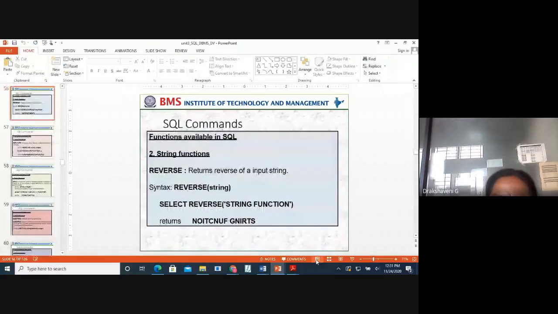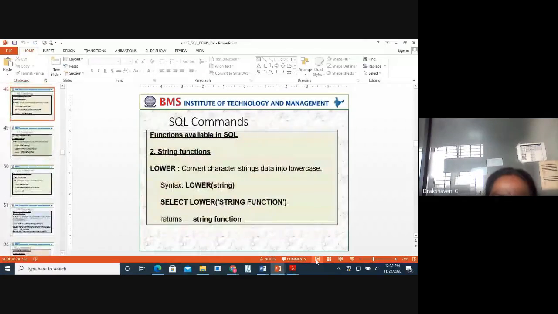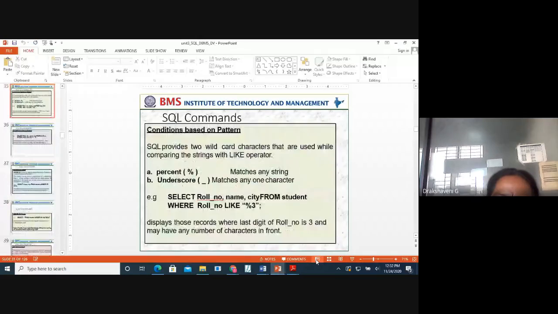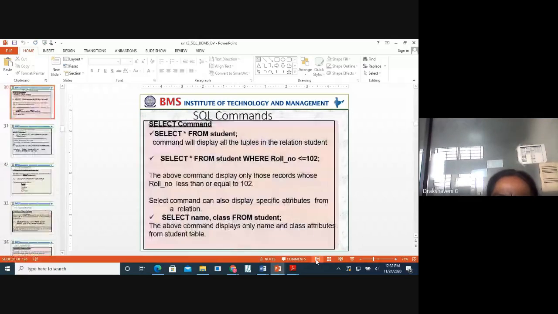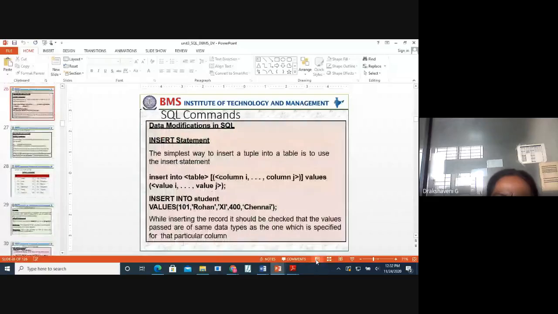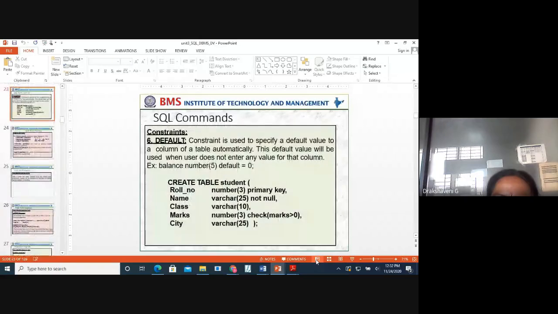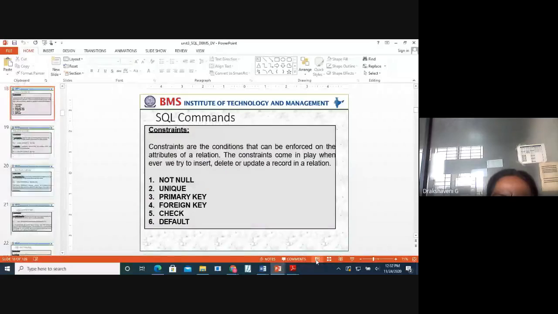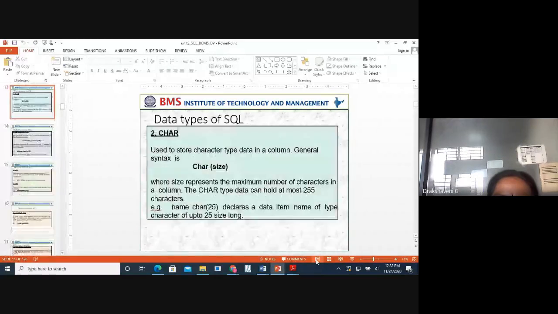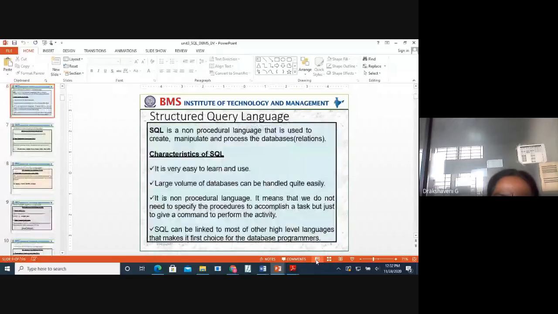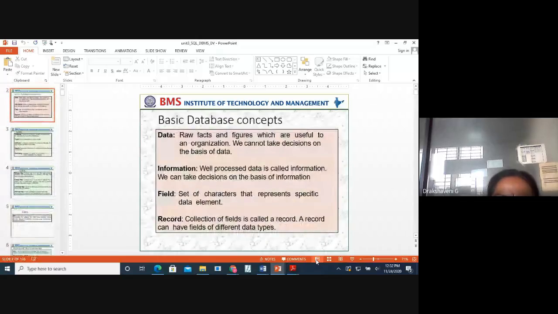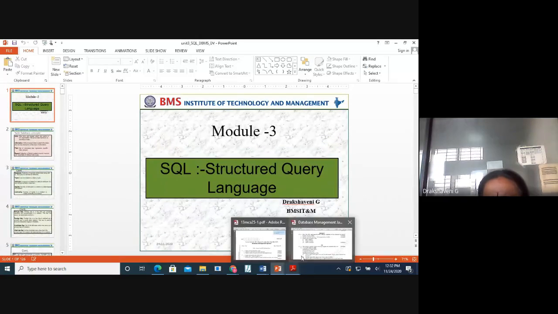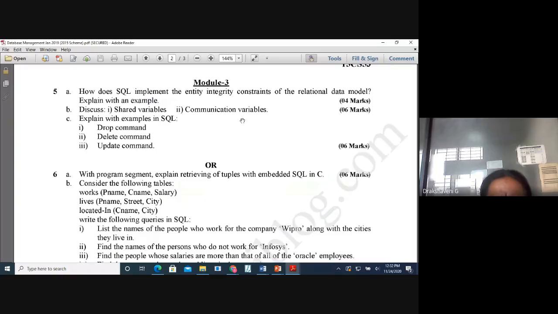Delete, functions, group clause, order by, condition, eliminating, select queries, table, insert, modification operator, constraints, check constraint, foreign key constraint, primary key constraint. So maybe somewhere we have seen. So you have to write regarding integrity constraints.